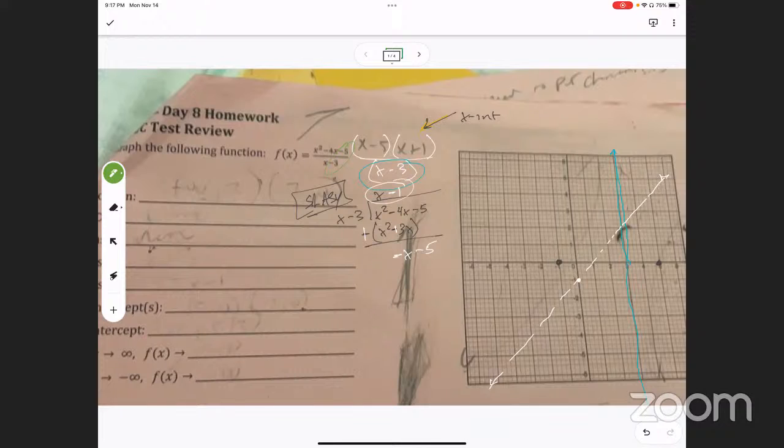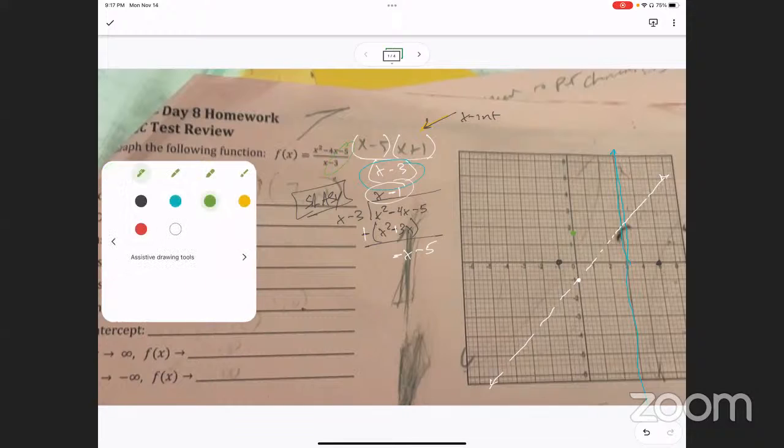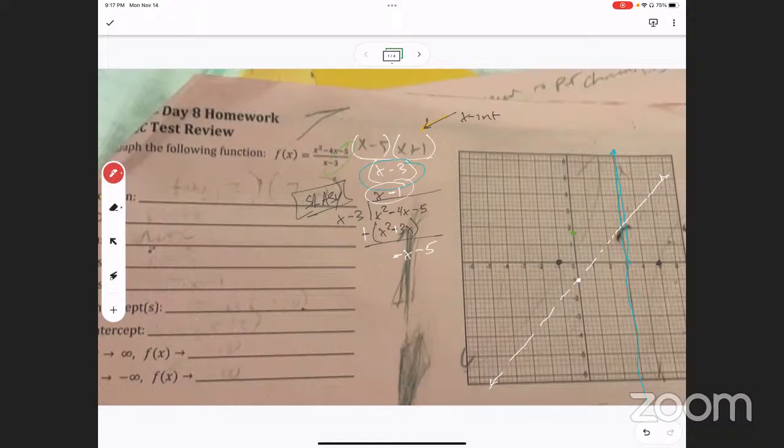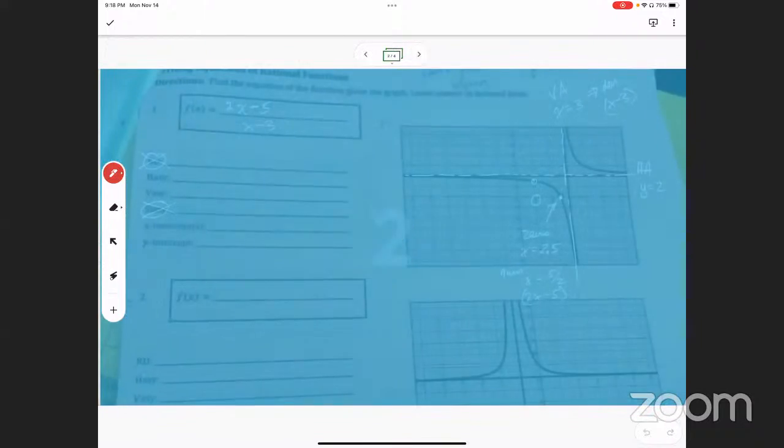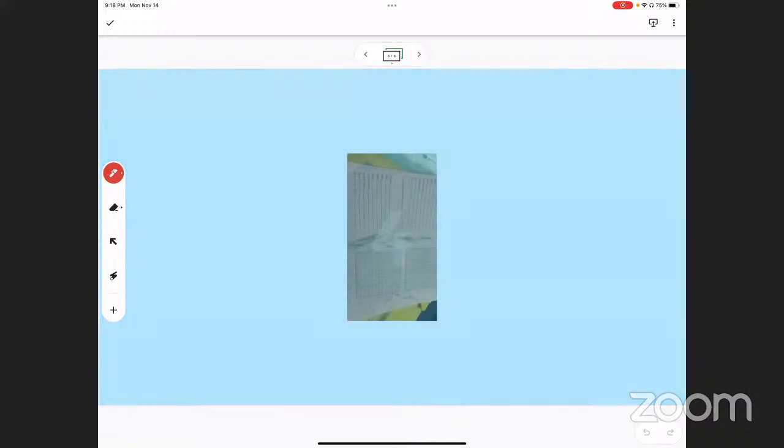So 5/3 is 1 and 2/3. It's going to be up here, which kind of makes sense because your graph is going to approach there, and it's going to approach here. And on this side, it's going to approach there and approach there. Okay. Got it? All right, I'll let you fill in all that other stuff.